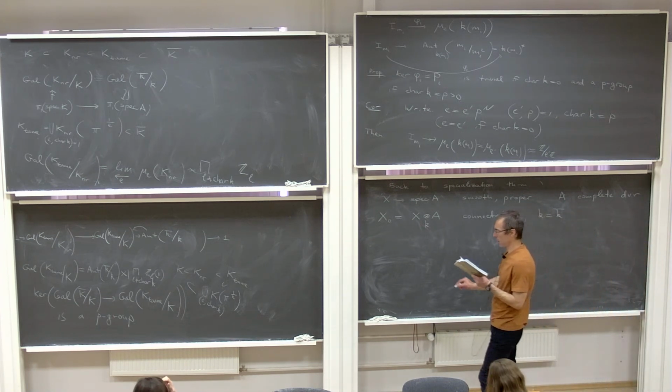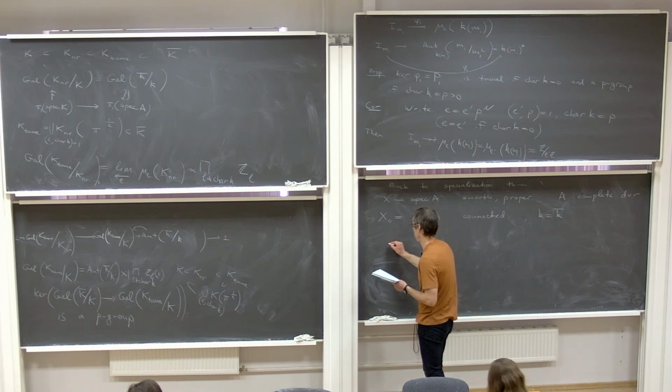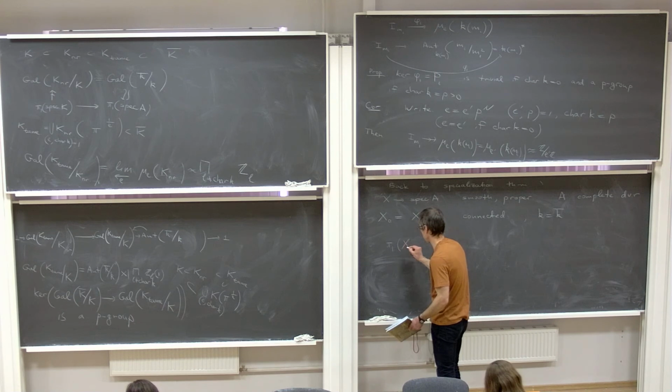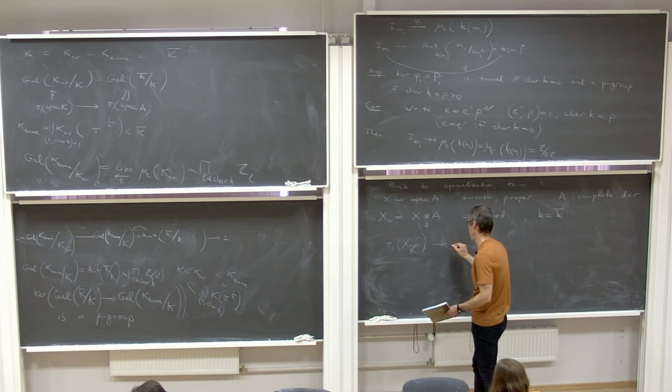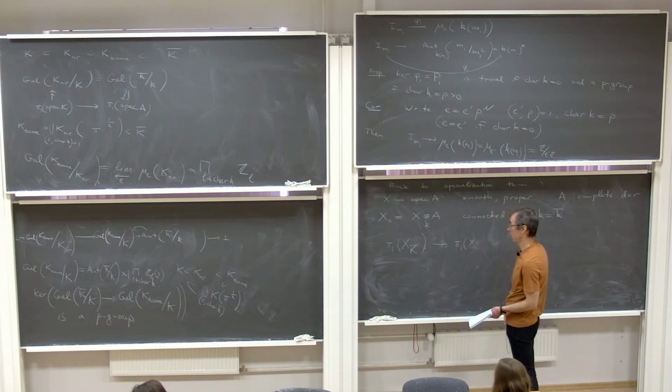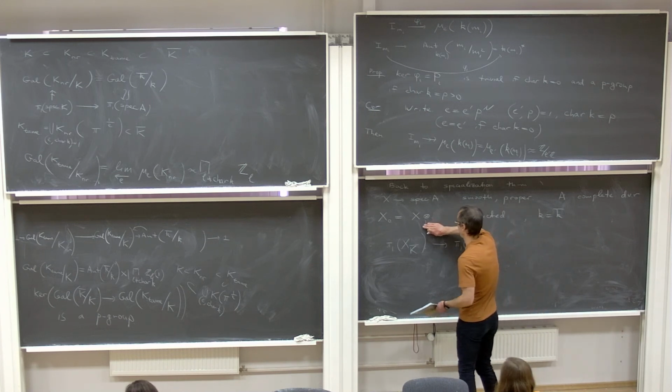And then we have the specialization map. K is the fraction field of A. First, you go from X K bar to pi1 of X K.